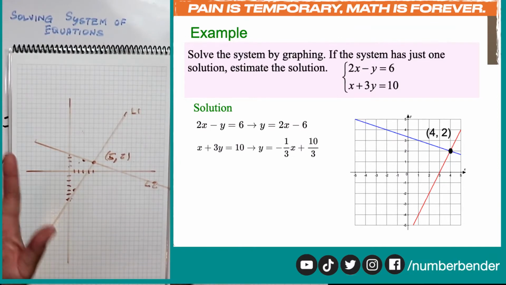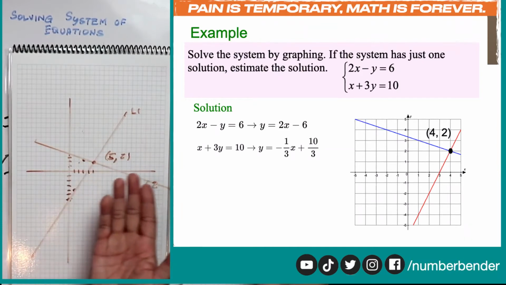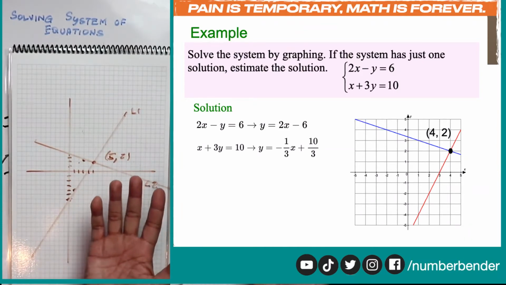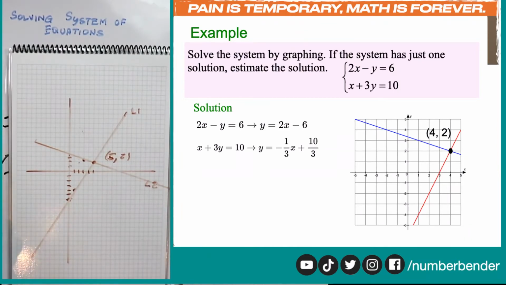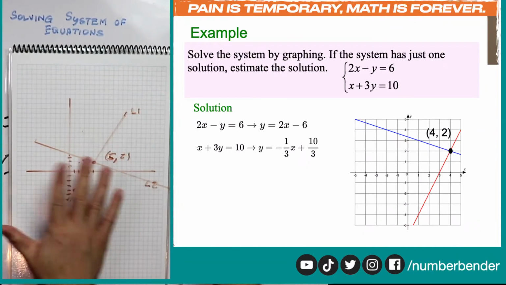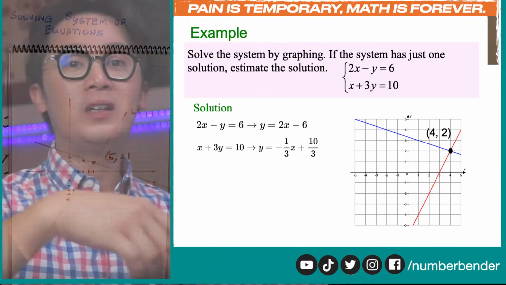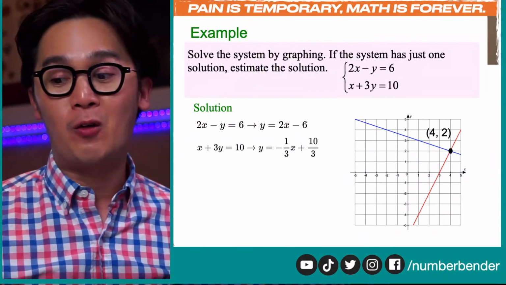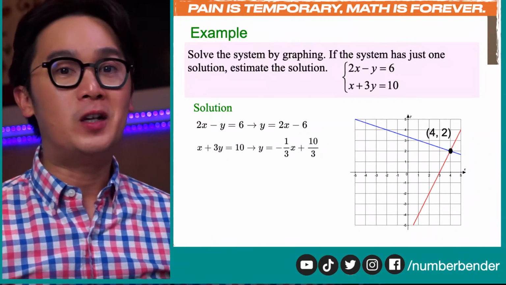Since we are estimating, we know that there is a chance that we're not going to hit the actual solution of our system. In this case, what we can do is describe that our solution is 1, because there's only one intersection for line 1 and line 2, and that's the only fact that we can generate from our handwritten graph.